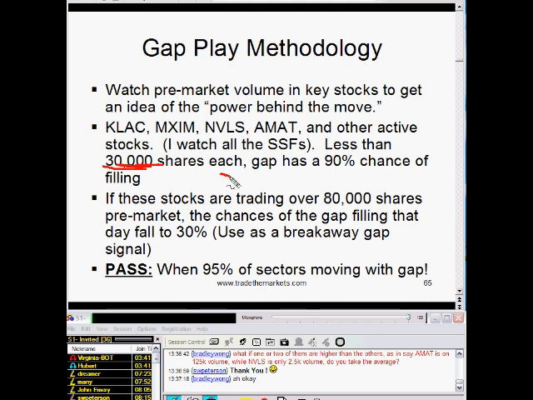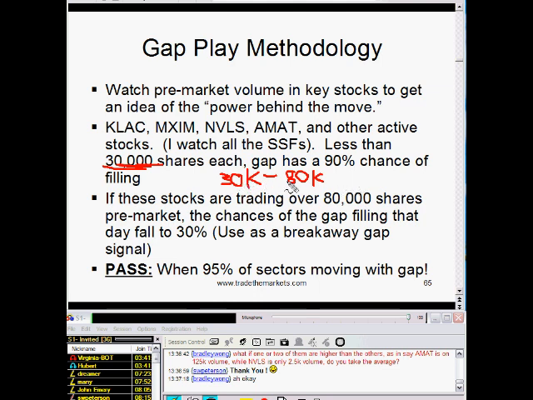But if we've got a day where we've got between 30K and 80K, if I can write this out here. It's hard to write with a mouse. On those particular days, we have a different strategy that we use. And what we do is that we'll still short a gap up, or we'll buy a gap down.